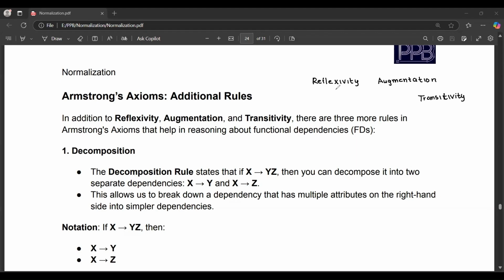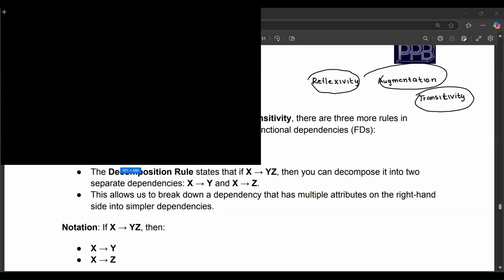We can derive some important axioms by using these three specific rules, and they can be applied again and again in certain questions. That's why we are going to learn about them as additional rules. Other than that, if you have knowledge about these basic axioms, that's enough.